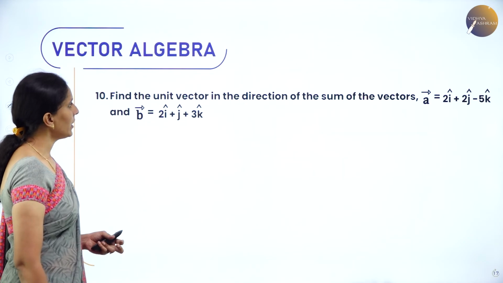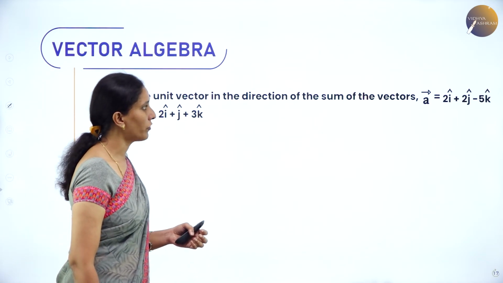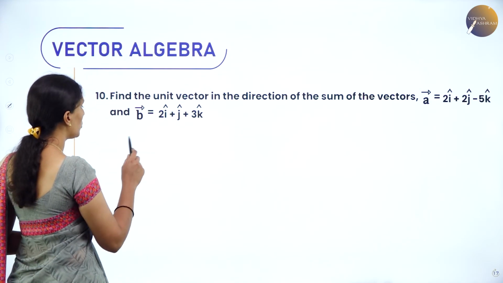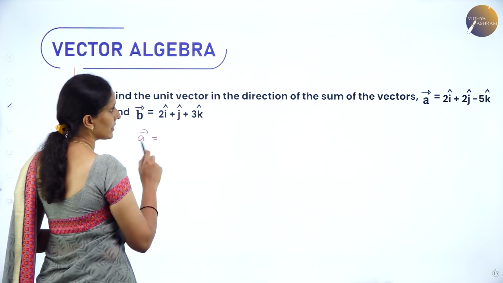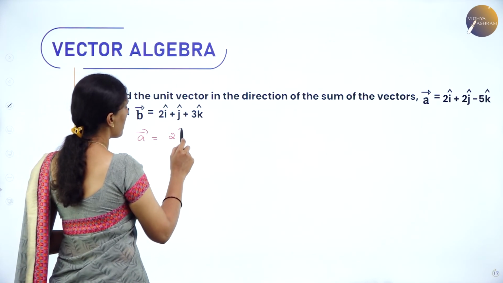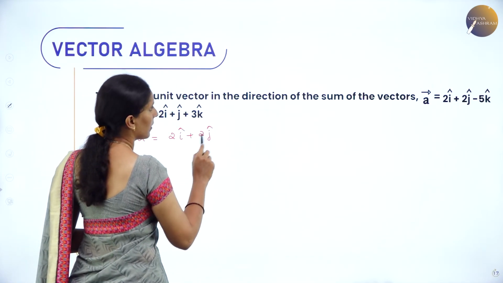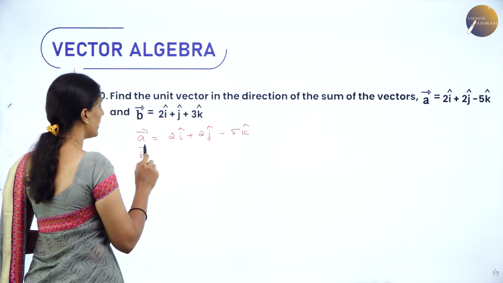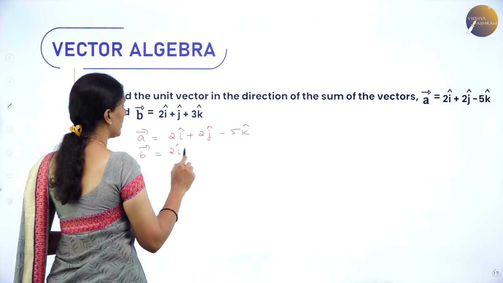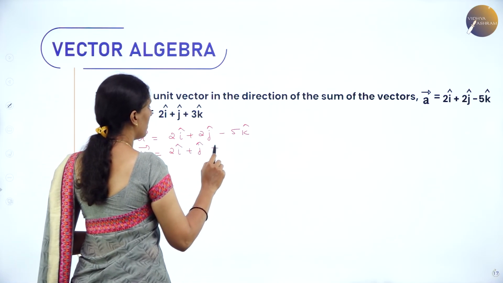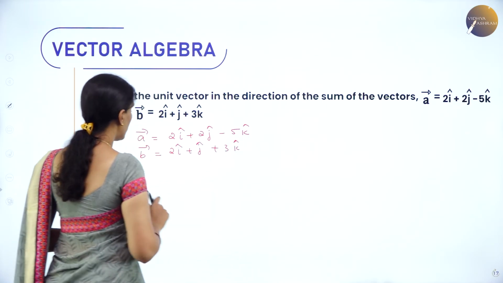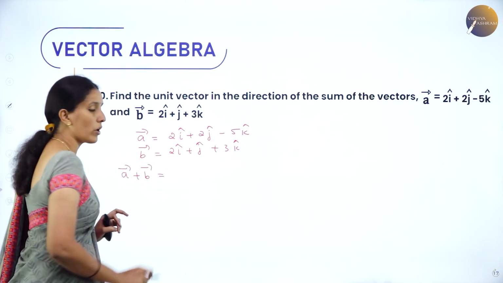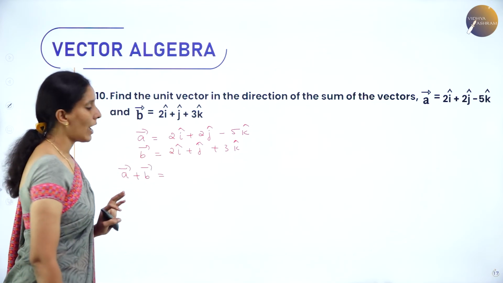Next, find the unit vector in the direction of the sum of the vectors A and B. So we have here two vectors. Vector A is equal to 2i + 2j - 5k, and vector B is equal to 2i + j + 3k. When you are adding any two vectors, always add the corresponding components with respect to i, j, k.